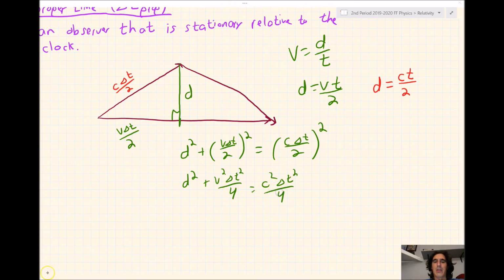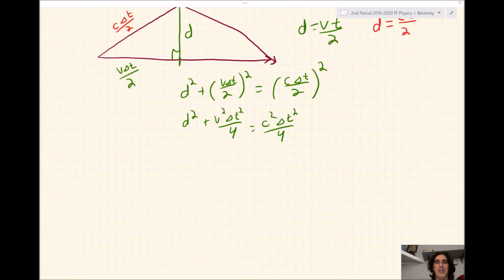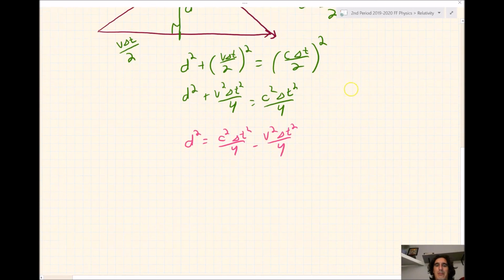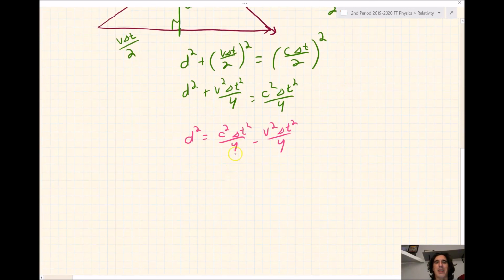Our goal is to isolate delta t, so let's get the delta t's on the same side. d squared equals c squared delta t squared over 4 minus v squared delta t squared over 4. Both of these have a 4 in common.